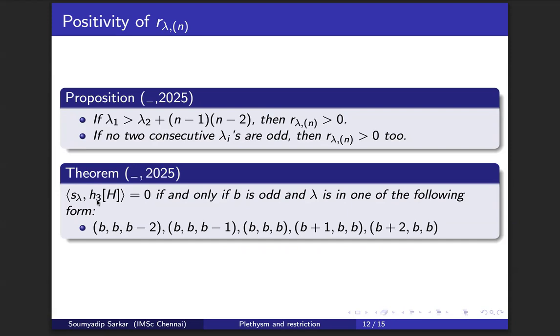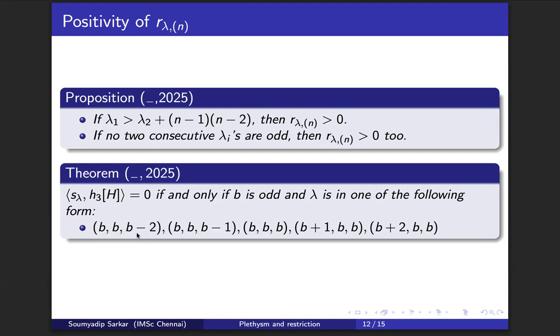This collection might look a bit messy, but if you observe it carefully, there's a pattern: B is odd, and there is a long streak of odd numbers occurring successively.